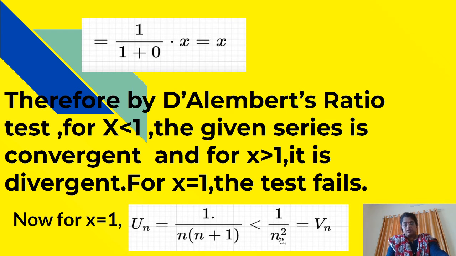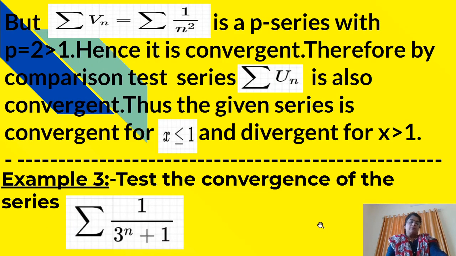Suppose that 1 upon n square is equal to Vn. But summation Vn is equal to summation 1 upon n square, which is a p series with p equal to 2, which is greater than 1. Hence it is convergent. Therefore by comparison test the series summation un is also convergent.